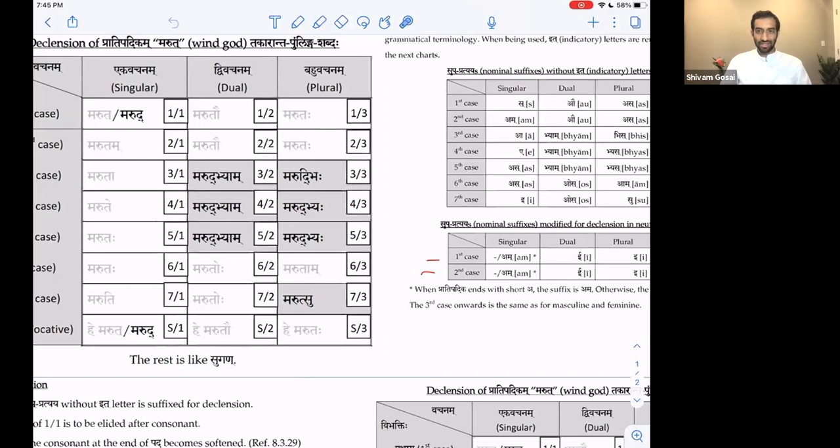Maruta. Now there's a slight difference. This ta will become da. We'll see a sandhi rule that makes that change. So then it becomes Marudbhyam. Notice how in the pada section, a sandhi rule can take place. In all of the pada section, you'll see a sandhi rule take place.